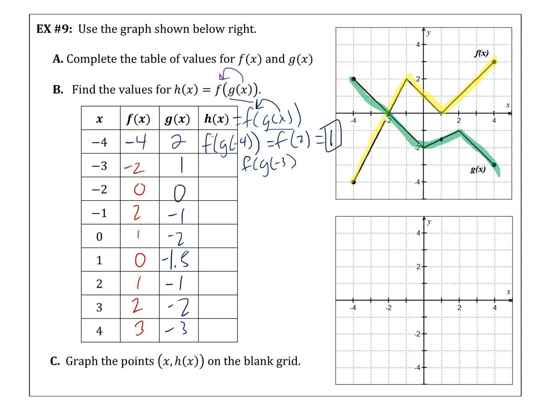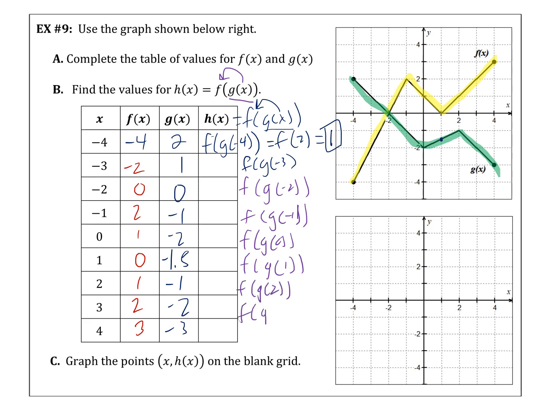Now we're going to do the rest: f of g of -3, f of g of -2, f of g of -1, f of g of 0, f of g of 1, f of g of 2, f of g of 3, and then f of g of 4.